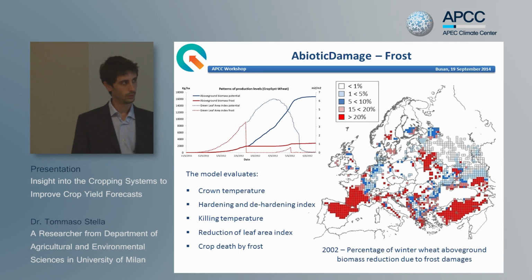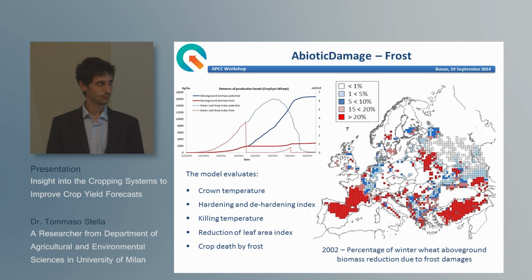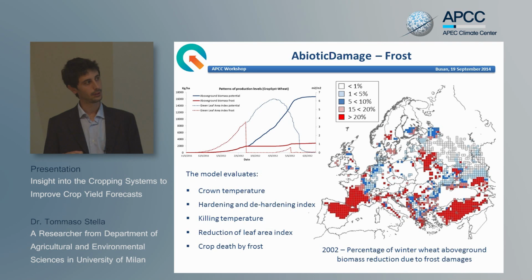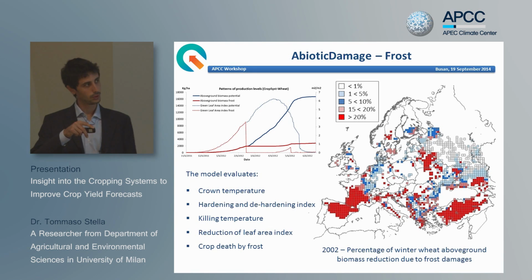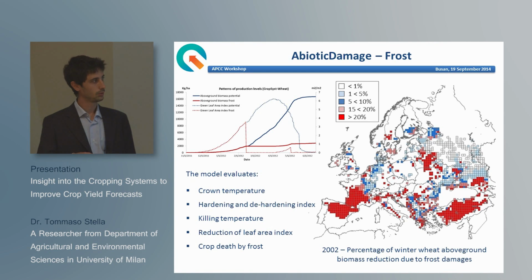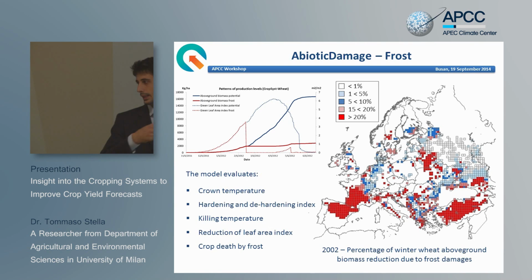And you can show that probably there is some parameterization problem in this hardening and dehardening index, and we have a huge impact of frost in southern, Mediterranean countries, and this is due not to the lower temperature in these countries, but probably to an incorrect calculation of the hardening index, and so a higher impact of frost.